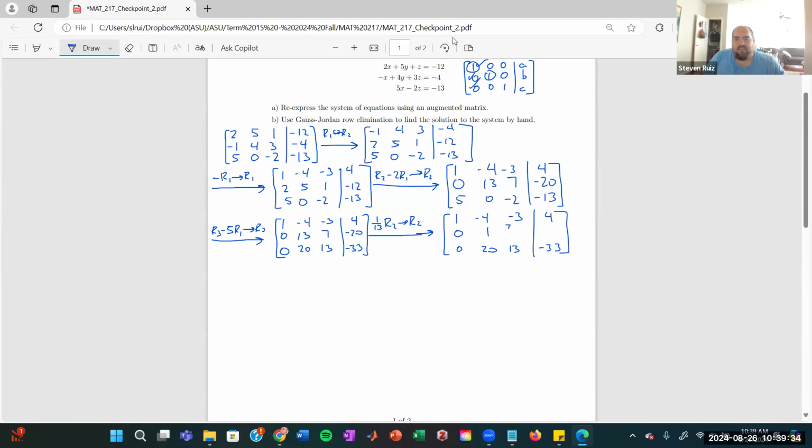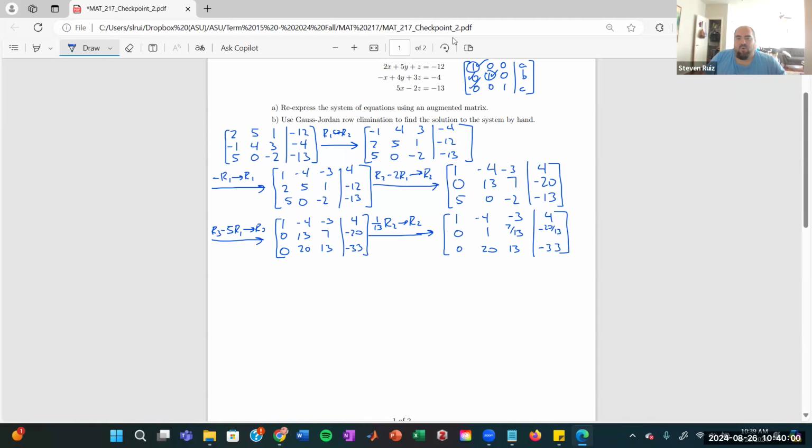So very often, it's typically unavoidable, you're going to run into fractions. So we're going to have to be a little careful here going from here out, but that's okay. We can still get there. So -20 over 13.